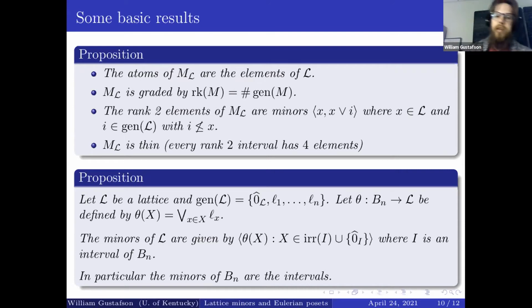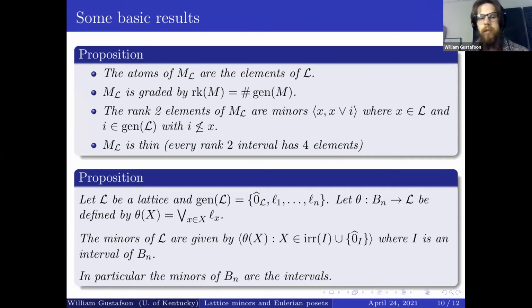And from that, we get another way to think about minors as inherited from the intervals of the Boolean algebra. So that's what this is saying here. If we look at this map, this is the canonical map from the Boolean algebra to a lattice. You just take a set to the corresponding join of irreducibles. Then the image of the intervals gives you the minors exactly. But to tell you what minor you get, I have to tell you the generating set.